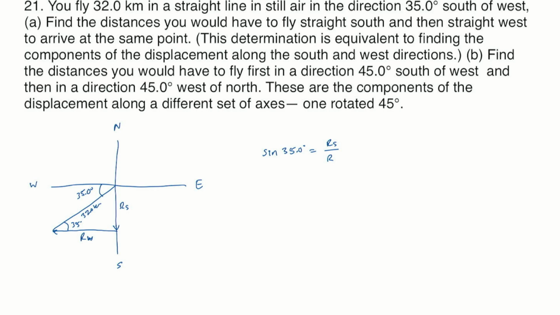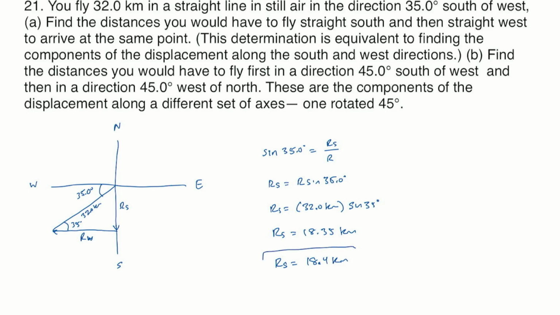And so flying directly south will be r times the sine of 35. So we will have 32.0 kilometers times the sine of 35 degrees. And the south part would be 18.35 kilometers, and so that would be 18.4 kilometers. So we would need to fly 18.4 kilometers south.